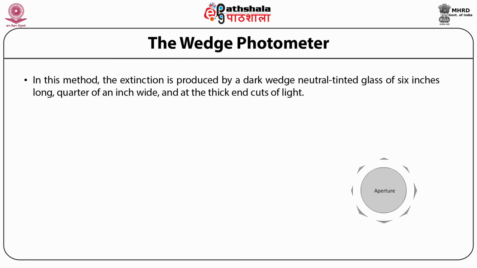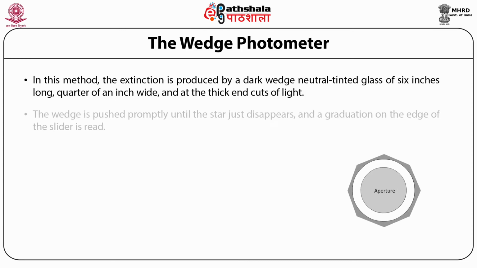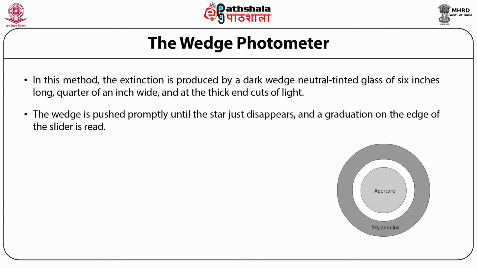In some other forms, it is placed at the principal focus of the object glass, where micrometer wires would be put in observation. The wedge is pushed until the star just disappears, and a graduation on the edge of the slider is read. The great simplicity of the instrument commends it, and if the wedge is a good one of really neutral glass, the results are remarkably good.